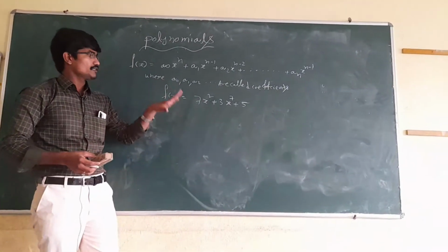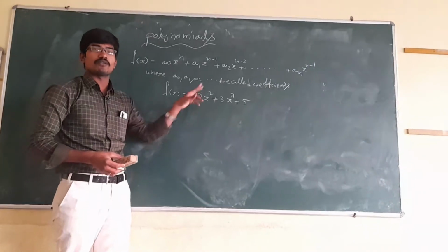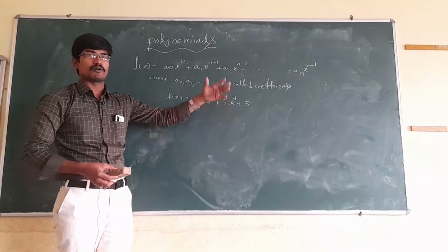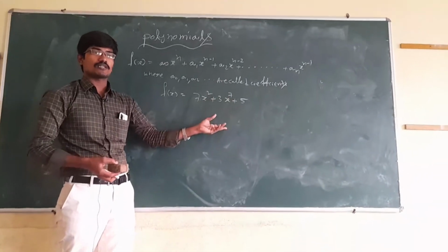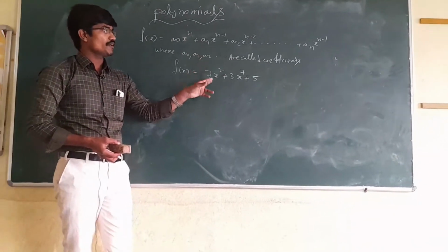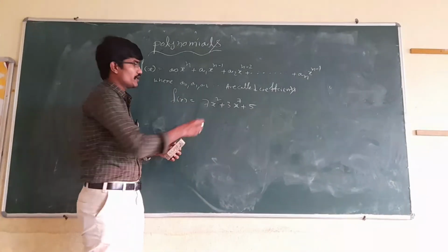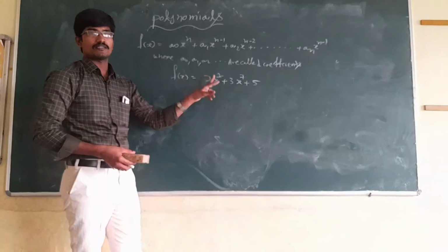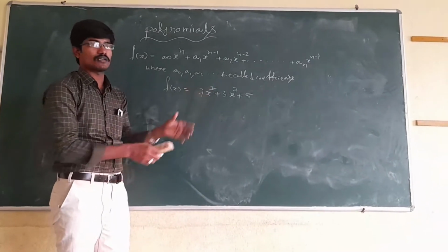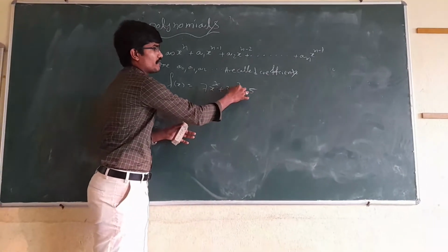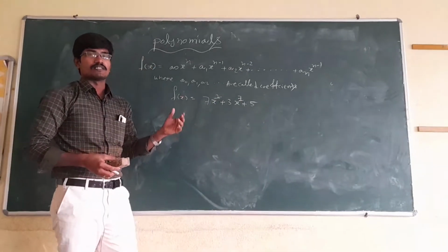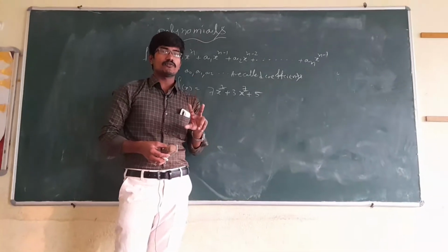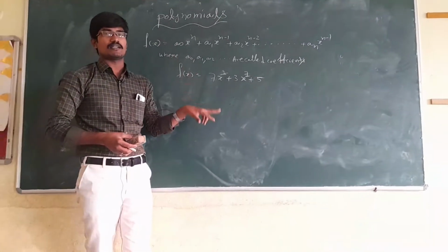When we say this algebraic expression is a polynomial, we want to check two conditions on the variable powers. What is the variable here? x is the variable. Here the x powers are 2 and 7. These variable powers must be non-negative and must be integral values.